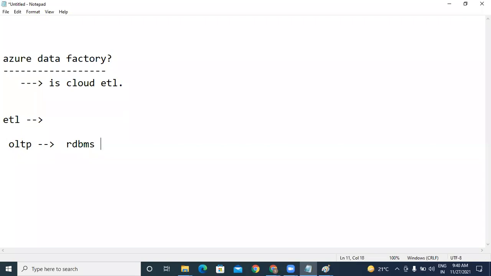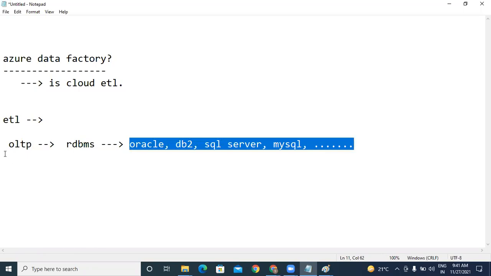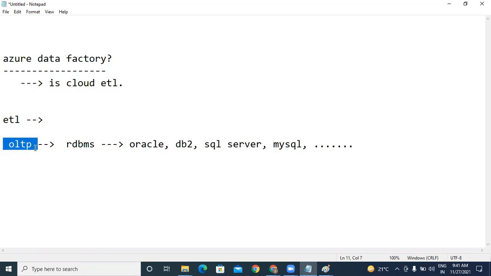The popular relational database management systems in the market are Oracle, DB2, SQL Server, which is a Microsoft product. Like this, if it is open source, even MySQL, PostgreSQL, in this way many players are in this field. But all these databases are good only for OLTP, not for the data warehouse.